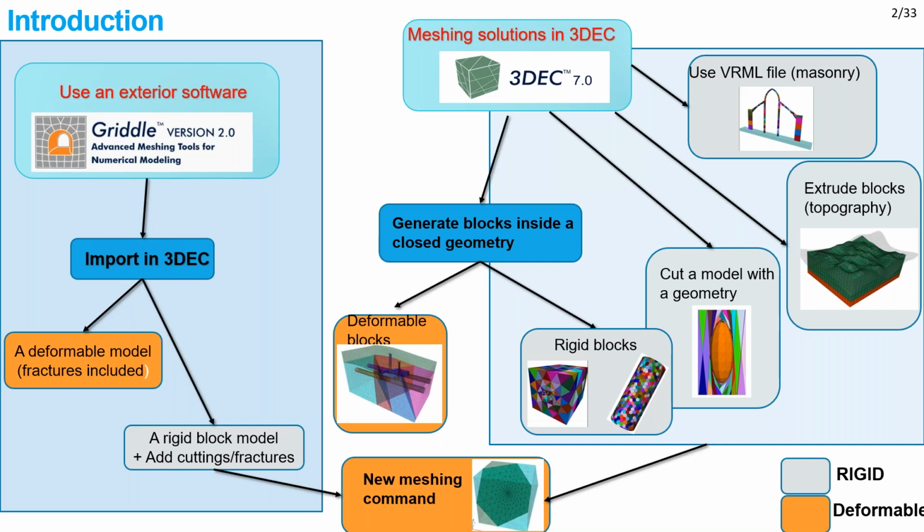We have the two options in 3DEC. What I presented today is generating rigid blocks, but then we have to use the block zone generate command to mesh the block. If it is not meshed or zoned, the block is still rigid, so we have to have some meshing inside a block in order to make it deformable.